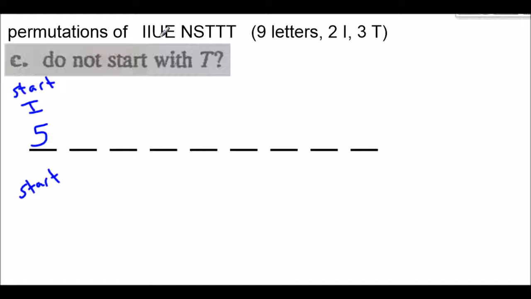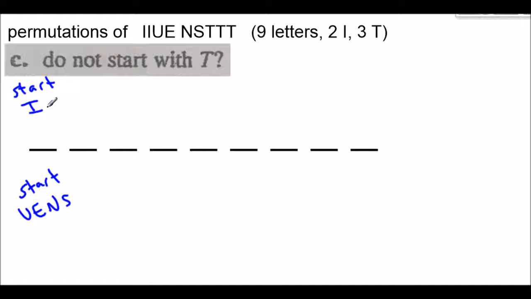So the other letters would be U, E, N, or S. And that's because the T's can't be at the start. So I'm no longer going to say I have 5 choices, because I want to do 2 different types of questions, and then we'll add them together to represent the total answer to this question.